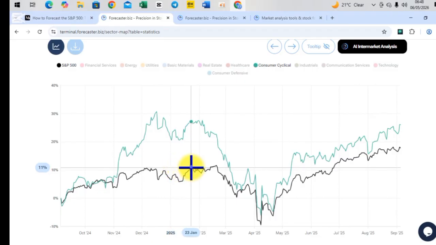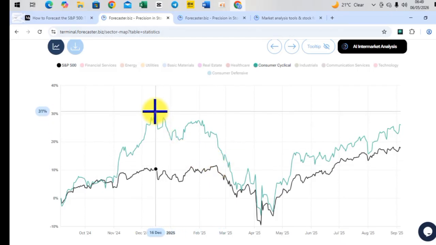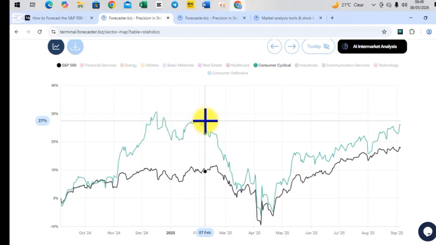If I put from this one up to here, it's a higher high. It created what we call an all-time high on 18th February 2025. But when we come here again to the consumer cyclical, it failed to create an all-time high, but it created what we call a lower high.